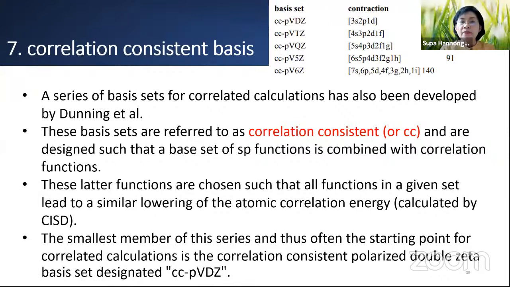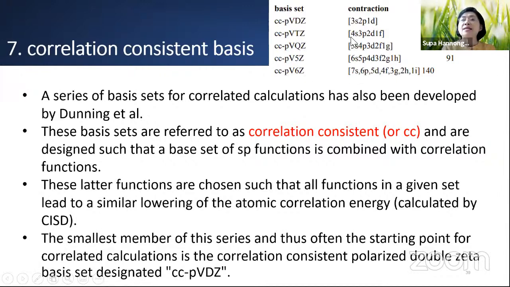We will deal with this kind of correlation method in the next 2 weeks. So when we talk about correlation methods, we need to use this kind of basis set. The minimum is cc-pVDZ, but we can have higher, like cc-pVTZ or QZ or 5Z or 6Z.